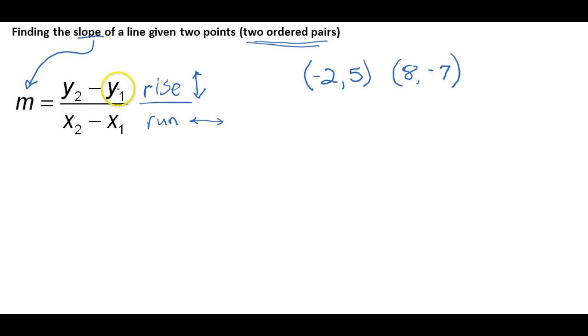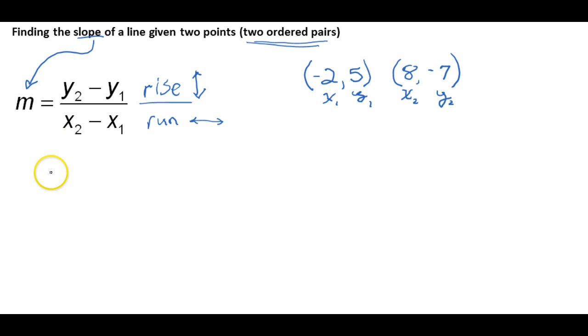Well, if you look at this formula, it's very complicated looking. And remember that each ordered pair has an x and a y coordinate, a horizontal and a vertical. And we could call this one point 1 and this one point 2, or we could switch places and this could be point 2 and this could be point 1. It really doesn't matter.